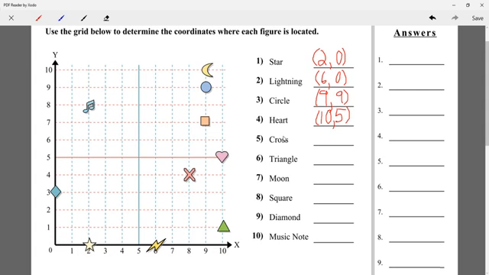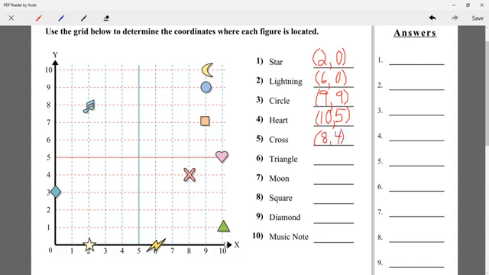Pretty simple. The cross. I'm assuming that they mean this. Interesting that they didn't just say the x. So the 5 is the cross. So it would be 8 on the x-axis, 4 on the y-axis. So 8, 4.